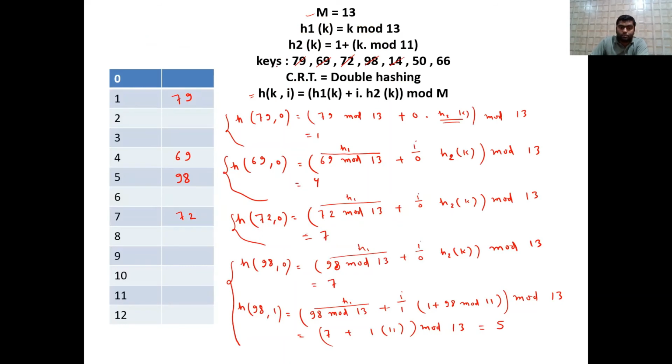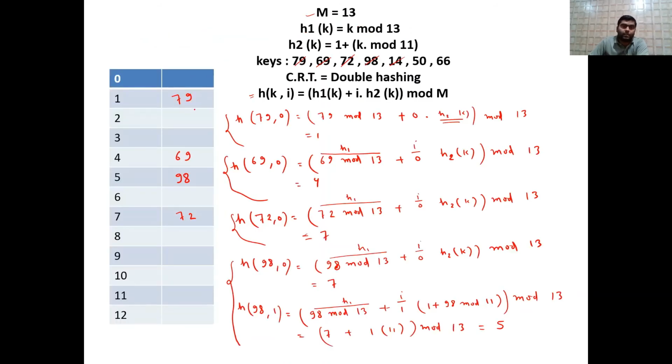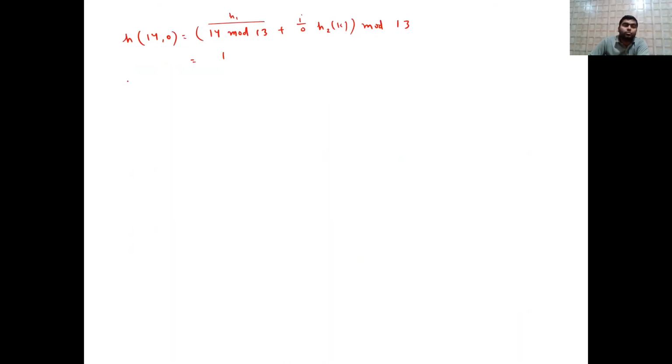So this is our h1, and plus the i value is 0, and you can multiply with any value, 0, so the result is 0 only. And mod with 13. So finally you will get 14 mod 13 is 1, 1 plus 0, so ultimately 1 will be the answer. So 1, yeah, no, space is not available, so there is a failure.